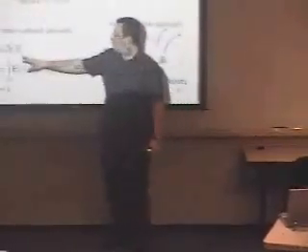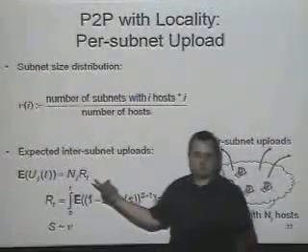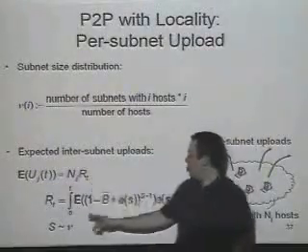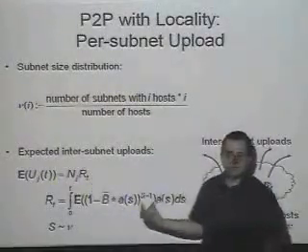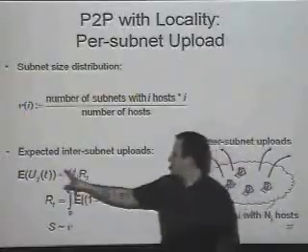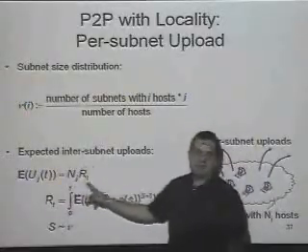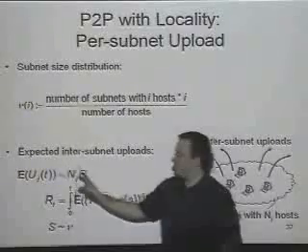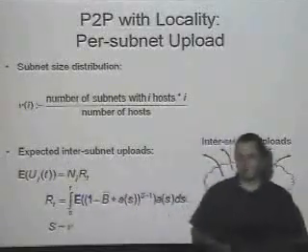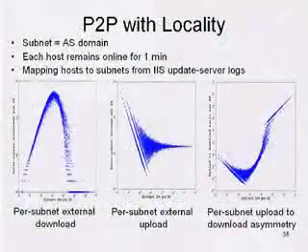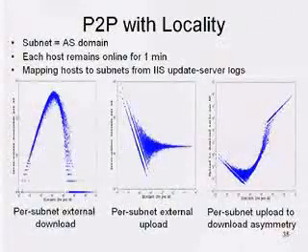And then the number of external uploads, so what comes out of your subnet to a remote subnet, is essentially this quantity. R of t depends on the three parameters, but essentially could be regarded as a constant. So you have proportionality with respect to your subnet size. So this is precisely this thing. So there is no magic number.